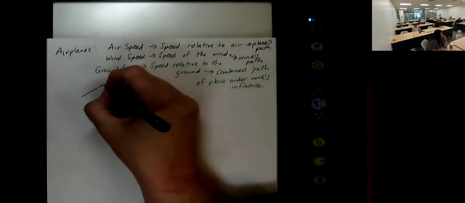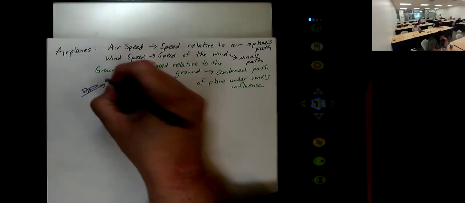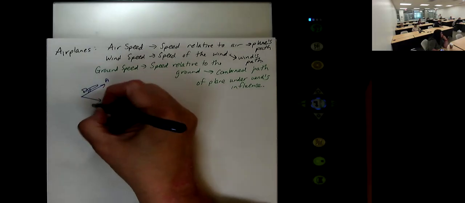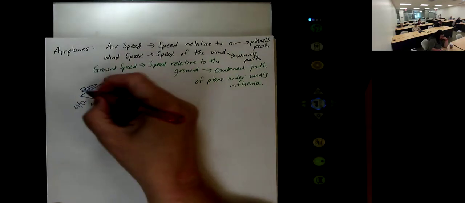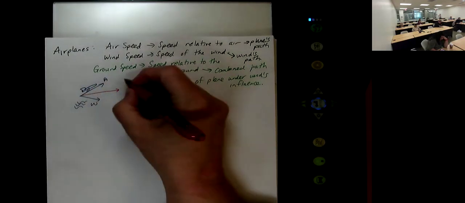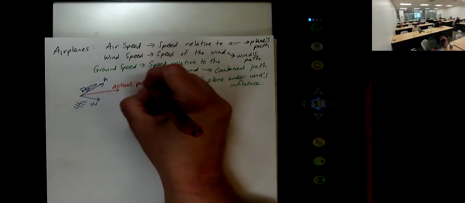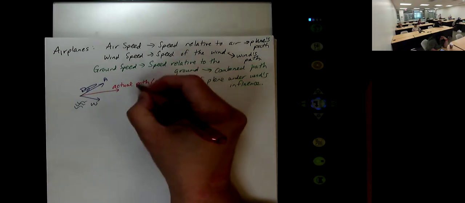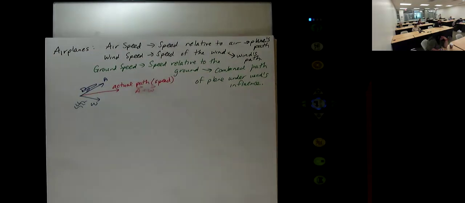Pictorially, if the plane is flying this way, that's our airspeed. But the wind is blowing this way. The actual path will be the sum of those vectors, the actual path and speed, which will be A plus W. Speed is the magnitude of velocity in this calculation.